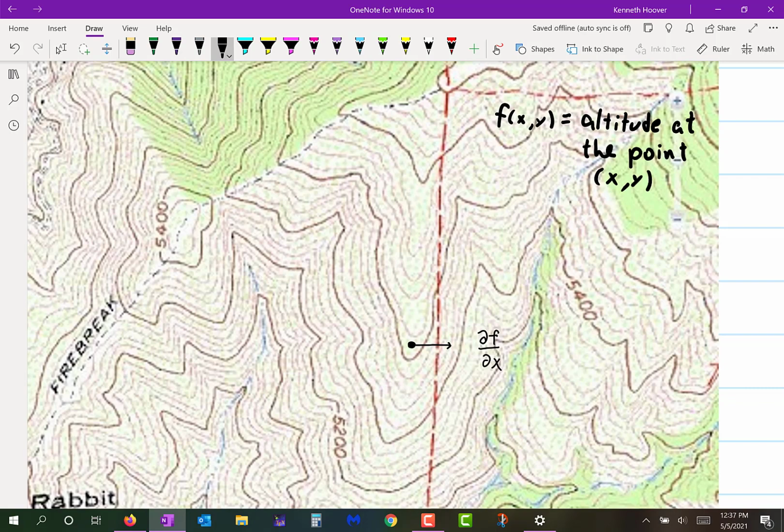If you were to face directly north and measure the slope in that direction, that would be the partial derivative of f with respect to y. But what if you wanted to measure the slope in some other direction? Let's say that vector is 1 unit long, and let's call it u.